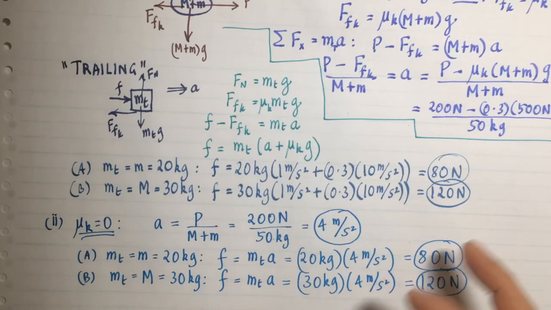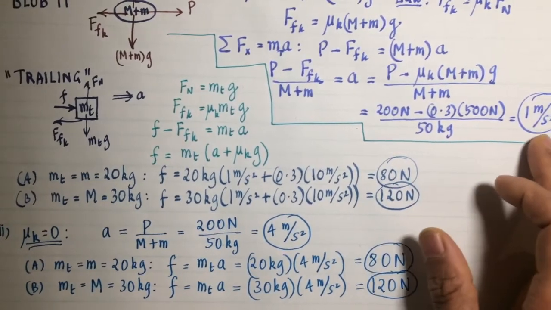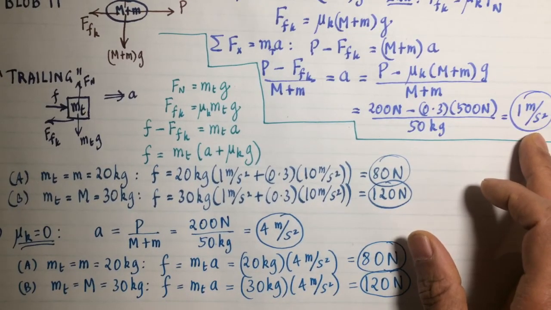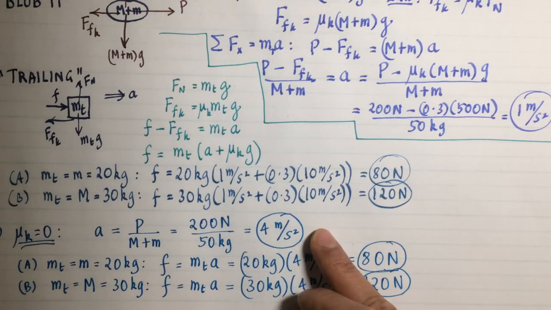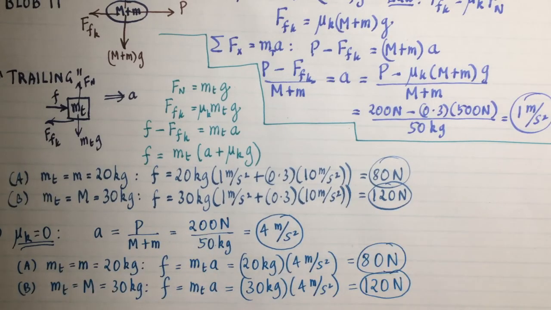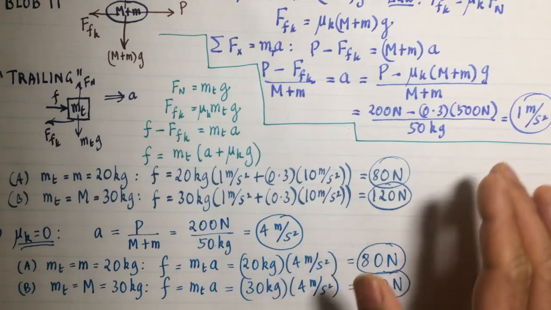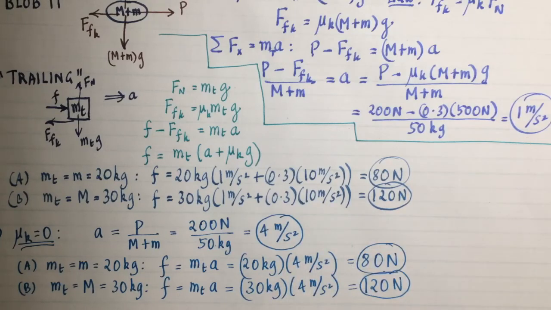In fact, as you can see, it goes from 1 meter per second squared, which is kind of a controlled motion, to 4 meters per second squared. So what you're going to do is sort of cut back. You're not going to push with 200 newtons anymore. You're going to push with maybe 150 newtons or maybe even 100 newtons to bring the acceleration to manageable amounts.